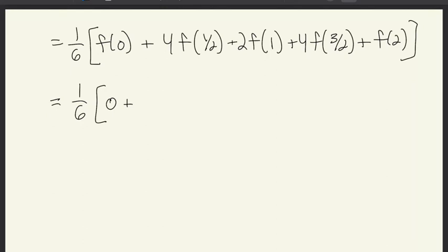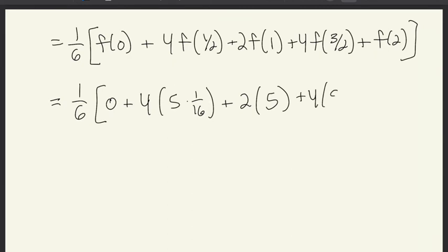So this is 1/6 times 0, plus 4 times 5 times 1/2 to the 4th, which is 1/16, plus 2 times 5, plus 4 times 5 times 3/2 to the 4th, which is 81 over 16, plus 5 times 16.